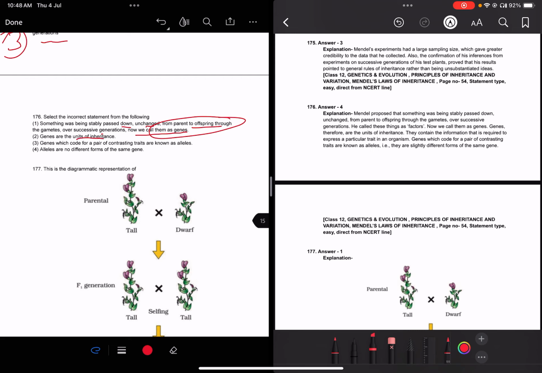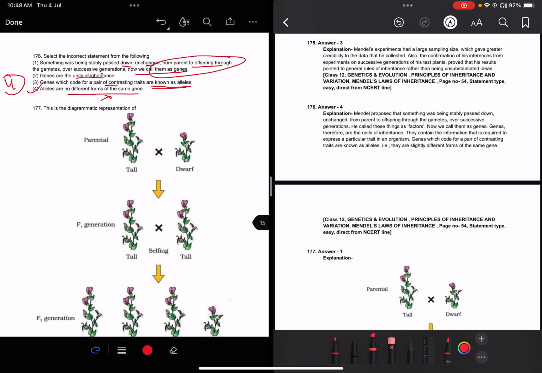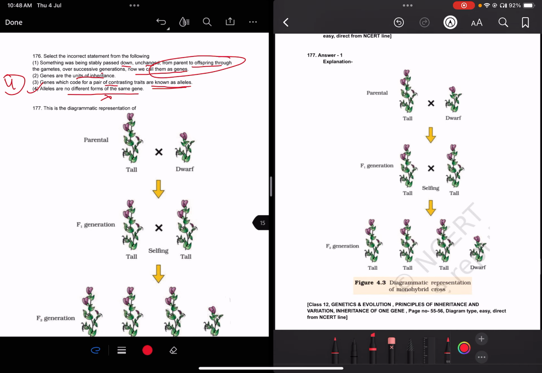Genes are the units of inheritance. Genes which code for a pair of contrasting traits are known as alleles. This is the definition of the allele. Alleles are different forms of the same gene only. So the answer is this one. The fourth is wrong.